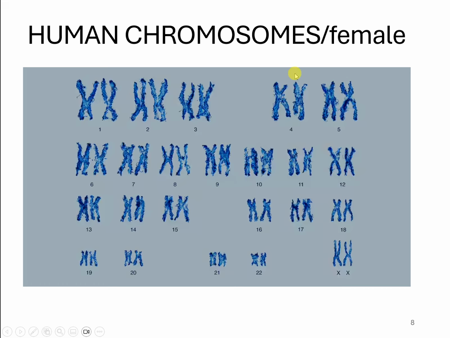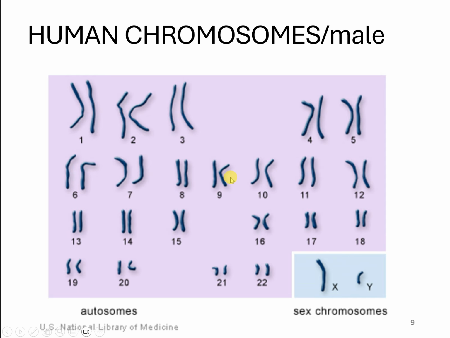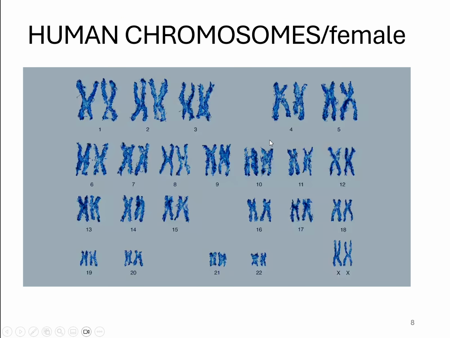So all male and female cells have 23 pairs of chromosomes, and of these, 22 pairs in both male and female are autosomes, and the last set of chromosomes is the sex chromosome.